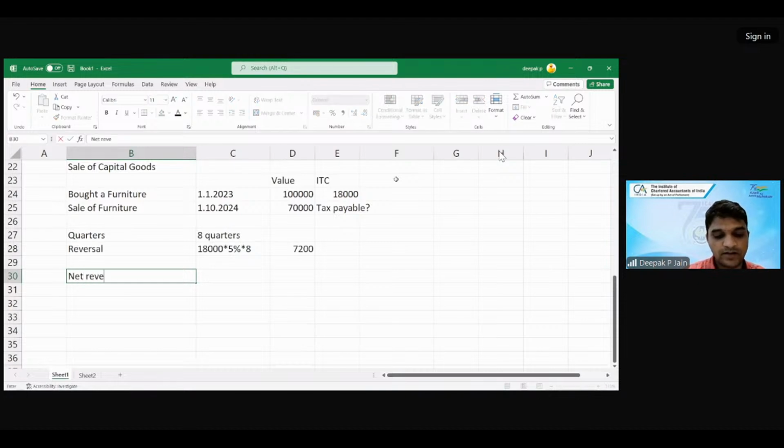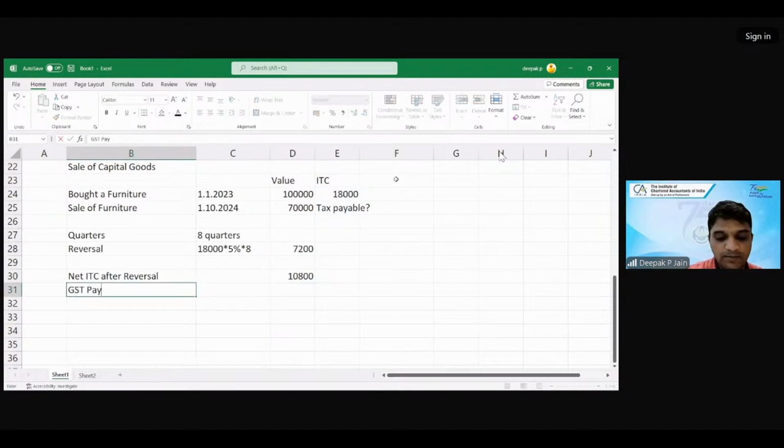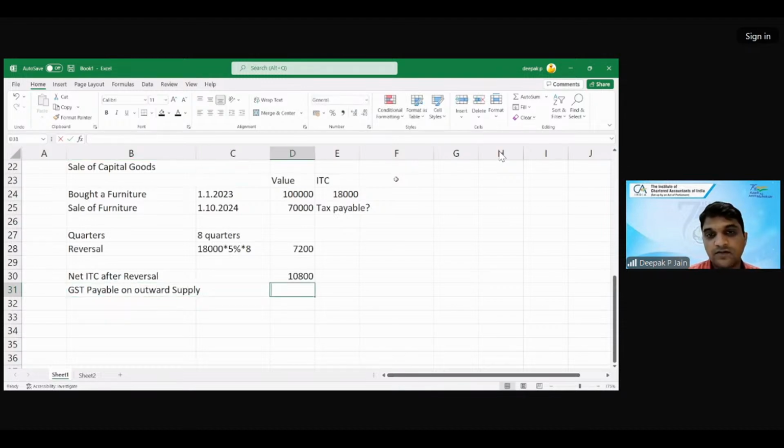Net ITC after reversal is 18,000 minus 7,200 or GST payable on outward supply, whichever is higher. So on this 70,000, when you purchase, it was 18%.